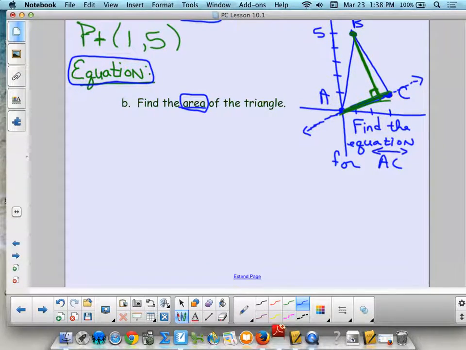Okay, just quick. Answer my question, please. How did you find the slope? Did you do slope formula? Or did you do rise over run? You did slope formula.